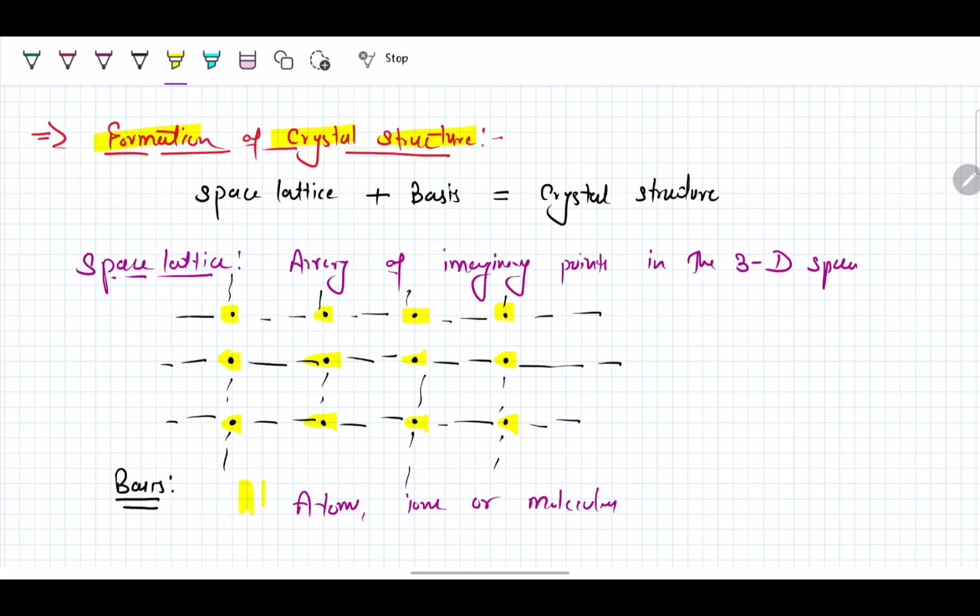Now, if we supplement each lattice point with an atom, let's say this is my atom, supplemented here at this point, and each and every lattice point is supplemented with an atom, then there is a formation of a crystal structure, because a crystal structure is only formed when we have atoms, ions or molecules, and a space lattice is just imaginary points in space. So with the combination of space lattice and basis, there is a formation of a crystal structure, right?